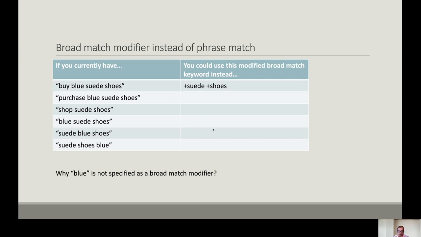So to keep it broader, we have to exclude plus blue and only keep plus suede plus shoes. Of course, what that means is that this broad match modifier not only matches with all the phrase matches that we have shown you, it will match up with a lot of other search queries as well, right? For example, it could match up with red suede shoes, right? So that's something to keep in mind.